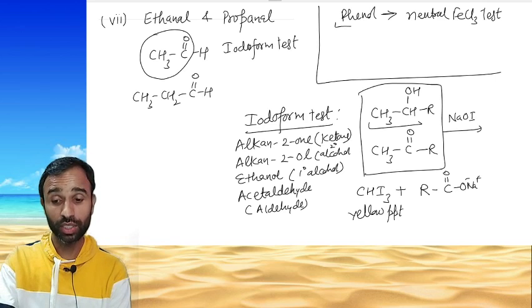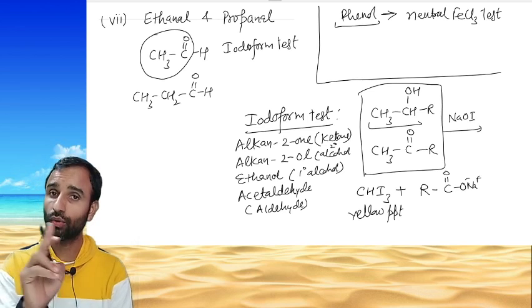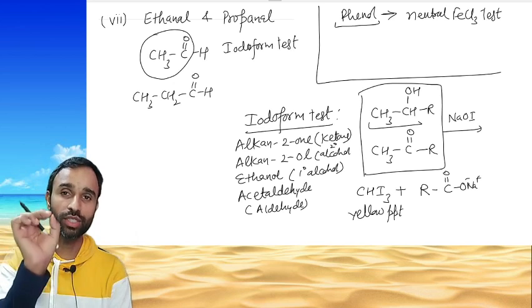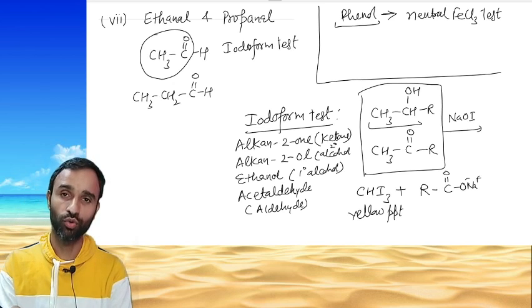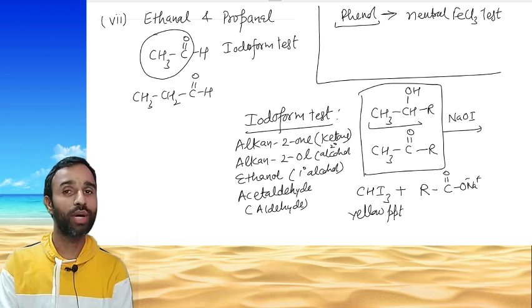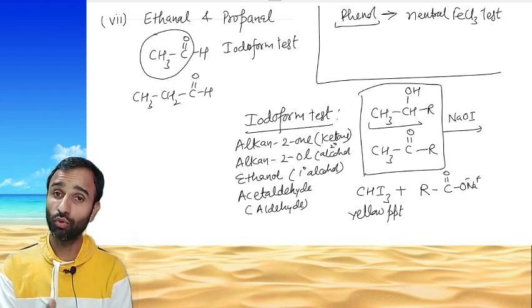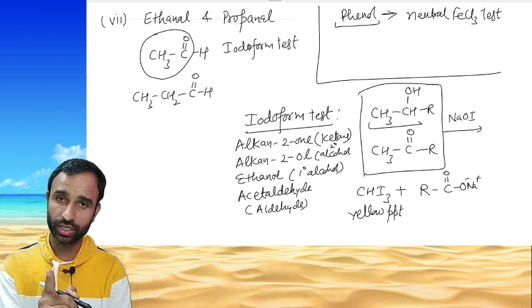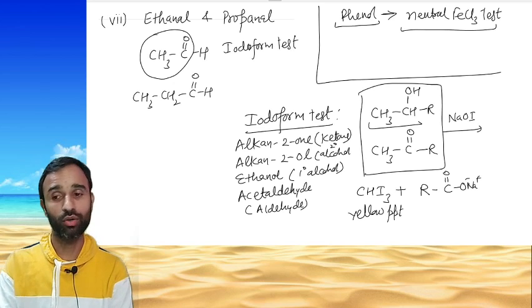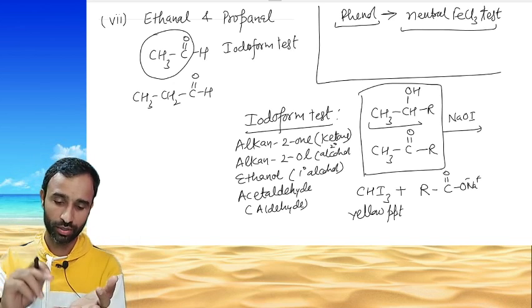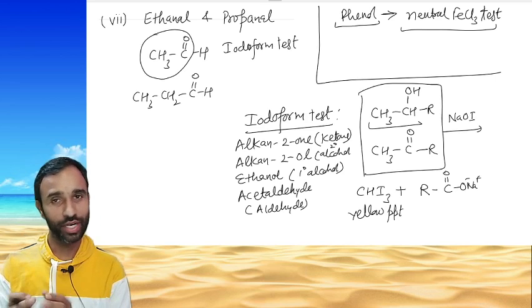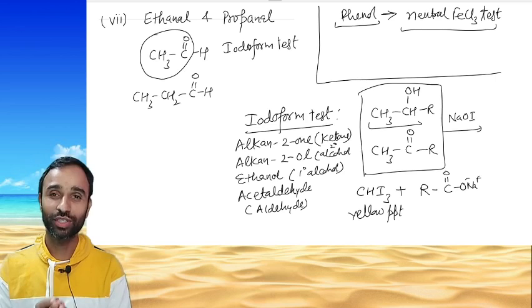If phenol is with a carboxylic acid, then go for NaHCO3, don't think much. If there is a carboxylic acid with any other molecule, go for the sodium hydrogen carbonate test. If there is phenol with any other molecule except carboxylic acid, then go for the neutral ferric chloride test. And for aldehydes and ketones, you have the Tollens reagent test, Fehling solution test, iodoform test. That's all about this question.